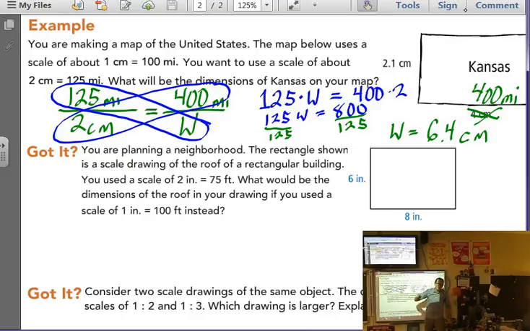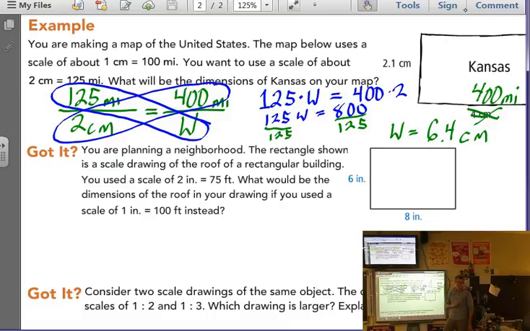What does matter is that units have to match as you go across the top or as you go across the bottom. My unknown value here will have to have a unit of centimeters. What I plug in on the top, because I started with miles on top, has to have miles. If this wasn't miles, I'd have to get it to miles before I could plug it in.